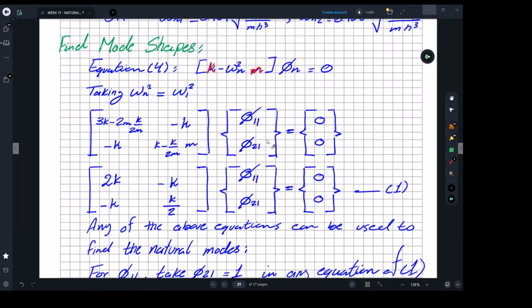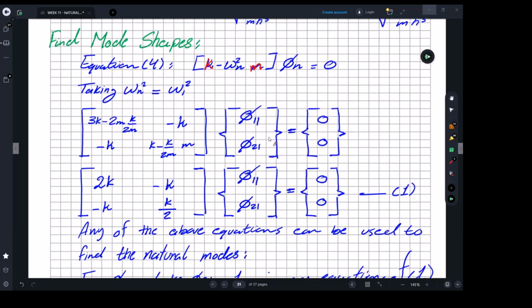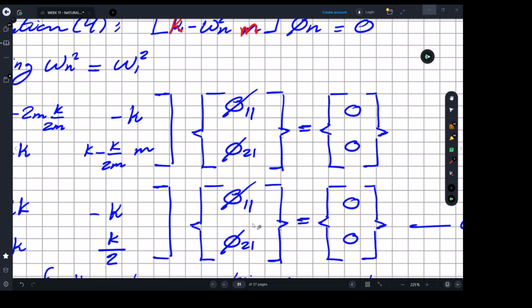So we are trying to find the first mode shape. When we are finding the first mode shape, the second number of the phi is typically going to be 1, and this reflects the mode shape, while the first number reflects the level: level 1, level 2.